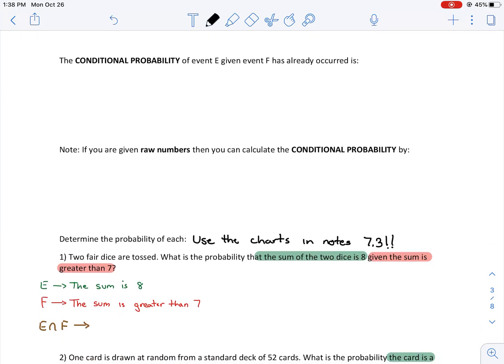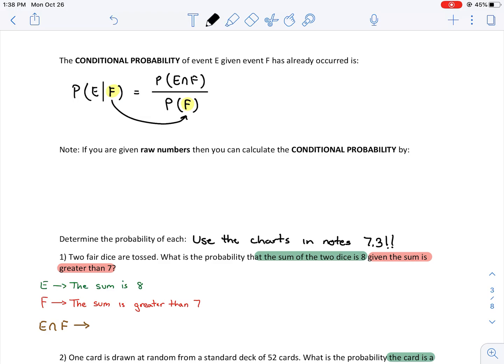The conditional probability of event E given event F has already occurred is the following. It is the probability of E and F occurring divided by the probability of F occurring. Now, since we know that F has already occurred, the probability of F is going to be in the denominator.